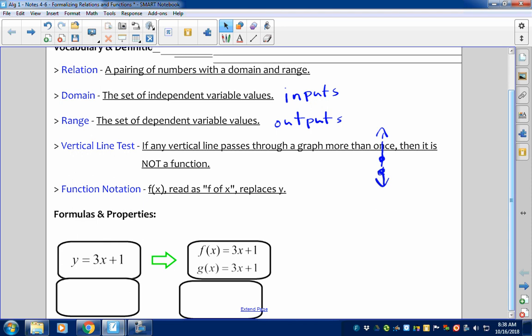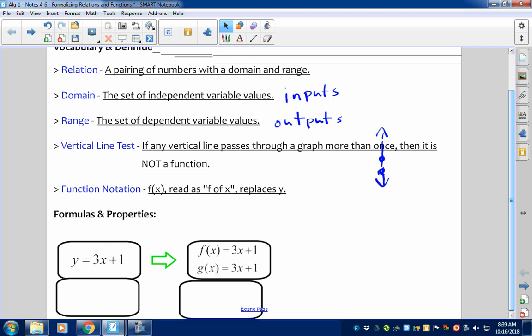As you move into higher level math, we might use a letter that represents something, like s of t would represent position. You might guess speed, but it's actually position. V of t would represent velocity. And a of t would represent acceleration.